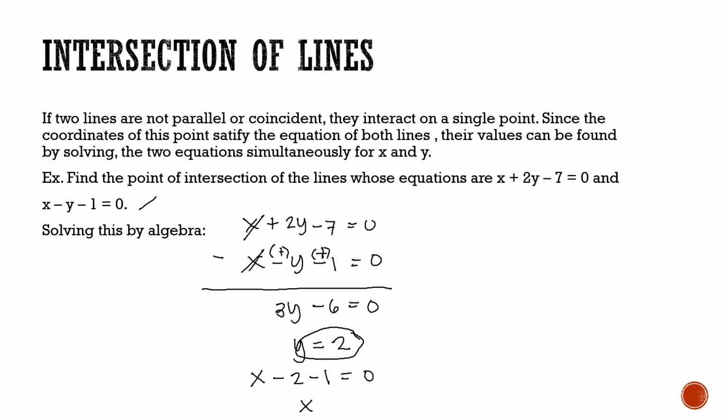We will have x is equal to positive 3. So there you have it, the point of intersection of the equations x plus 2y minus 7 is equal to 0 and x minus y minus 1 is equal to 0 is at point 3, positive 2.